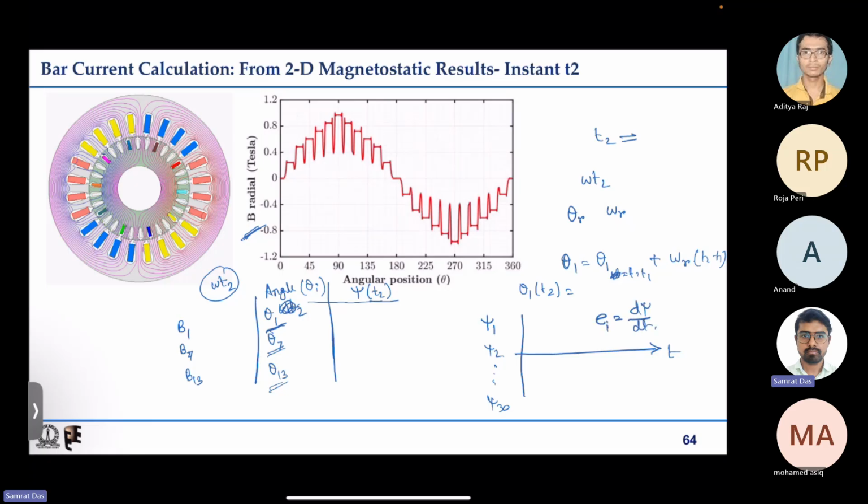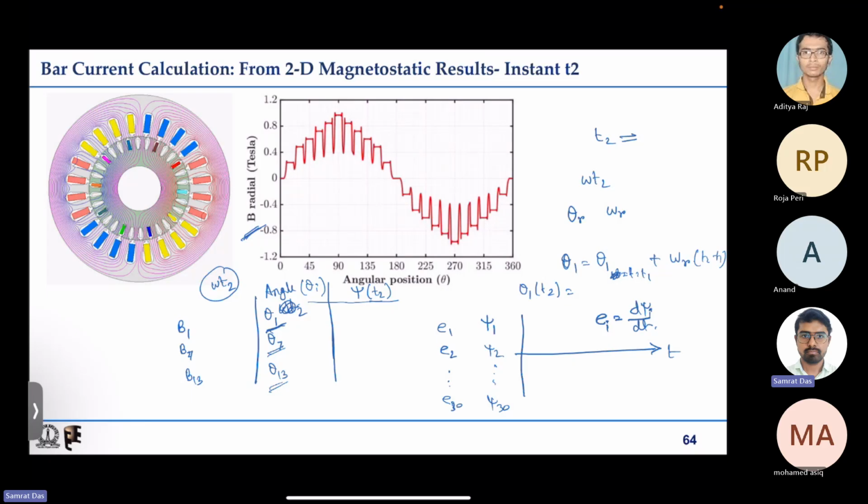So if I put subscript i for the other cases also, then we can calculate the induced EMFs, like E1, E2 to E30. All these induced EMFs can be calculated.